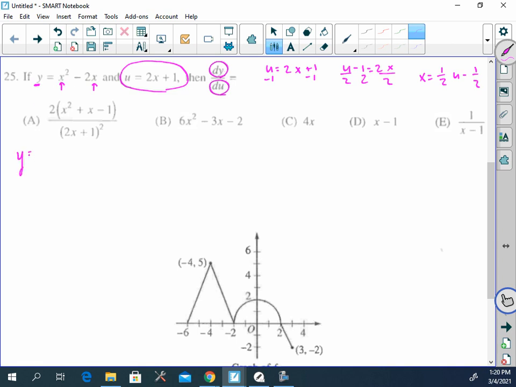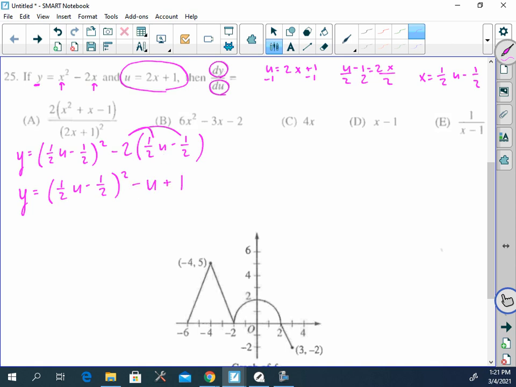I'm going to plug that in wherever I see an x here. So I've got y equals a half u minus a half, squared, and then minus 2x would be minus 2 times that. The nice thing is I can distribute this through and it simplifies, and I'm going to leave this as squared because I can use the chain rule and it's easier than foiling that all out. If I distribute here, I get minus u plus 1. Then I take the derivative of y with respect to u.